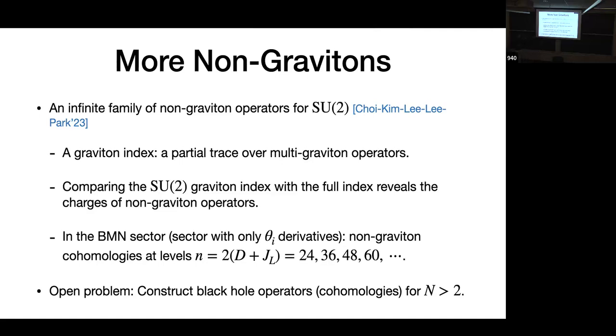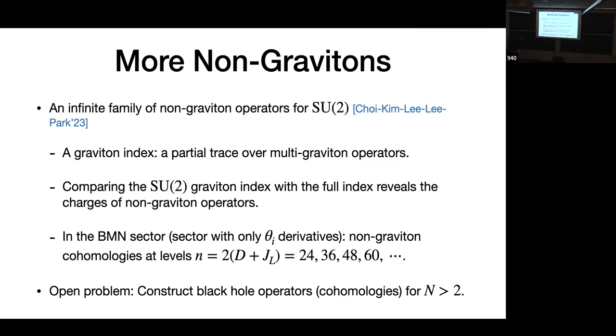They found an efficient way to compute this index. Then you can compare the SU(2) graviton index with the full index, and the difference will give you the non-graviton operators. Basically, you can know the charges of non-graviton operators by looking at the difference between these two indices.